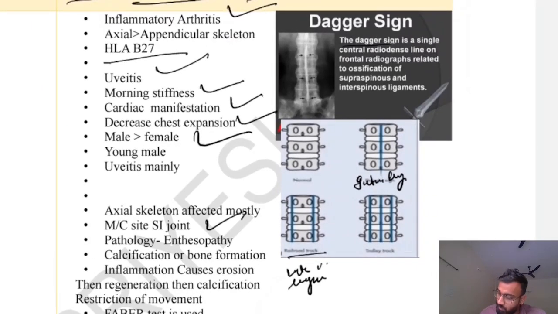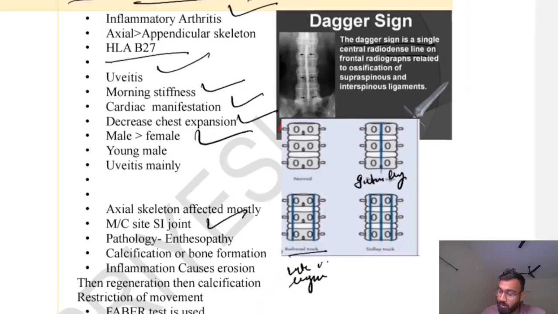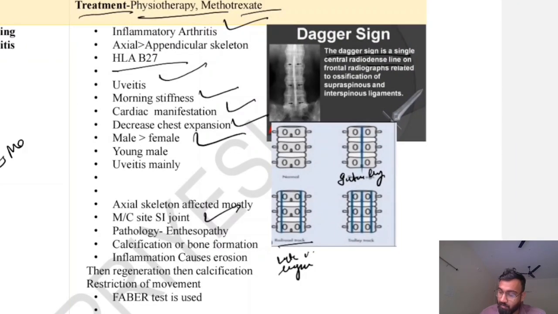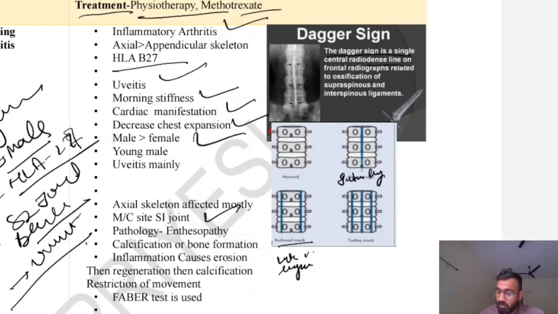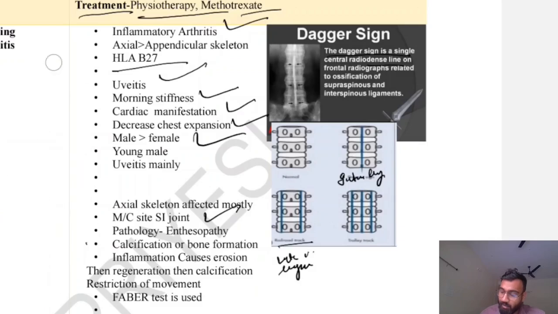They are written as a single radiodense line on frontal radiograph relating to ossification of supraspinous and interspinous ligament. So this disease is commonly seen in a young male, who is HLA-B27 positive, presenting with SI joint pain and back pain. And you will find features like uveitis and cardiac manifestation. These all are seen in ankylosing spondylitis.